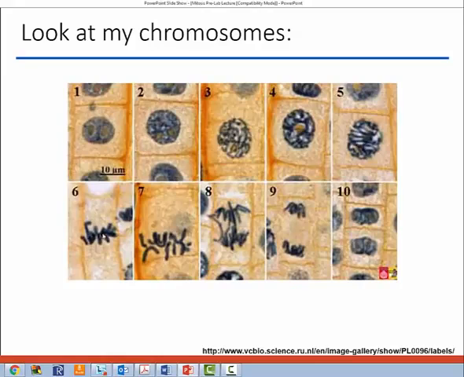And then here we have our chromosomes lined up at the center of the cell. You can see the cell has elongated, become longer. We start to see the chromosomes being separated at different ends of the bigger cell, and then we finally have division into two cells.